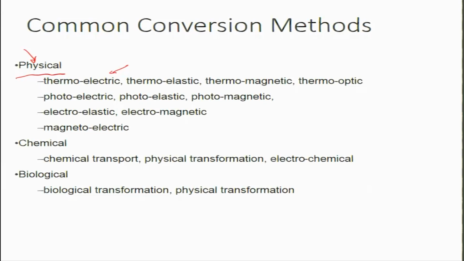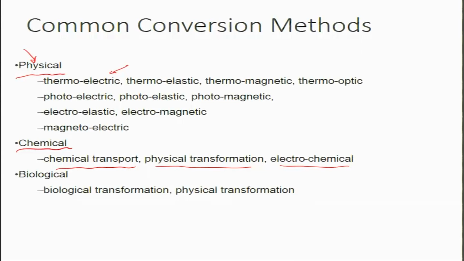electric in nature. When we talk about chemical sensing, we are typically referring to chemical transport, physical transformations of molecules, electrochemical sensing, and so on, where the measurements happen to be mostly in chemical domains.